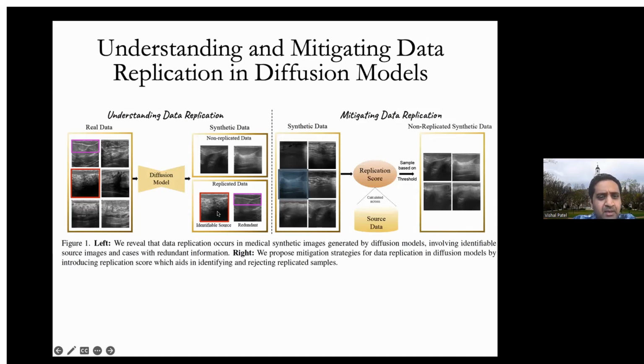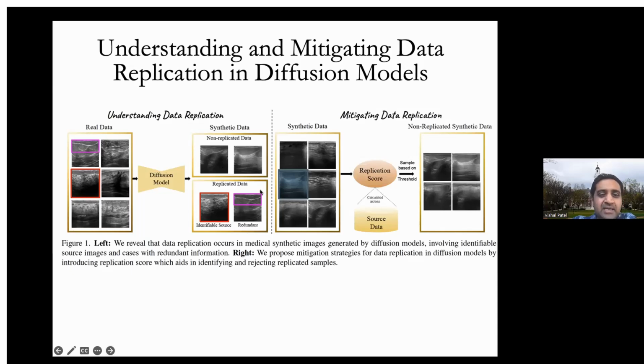And there are cases where we've seen partial replication, where maybe the structure that you see at the top of this image is very similar, but the remaining part is very different. And then there are cases where it's completely novel synthesis, and those are the examples that we want to go after, right?